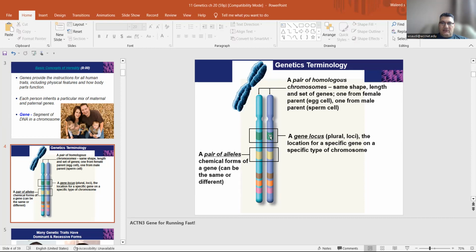Like, look at this green. This is a location of the gene in this specific chromosome, and it's located in this part. And here is the correspondent one on the other chromosome. So it's located here. If it is located like here, like the brown, this is another locus for the gene.